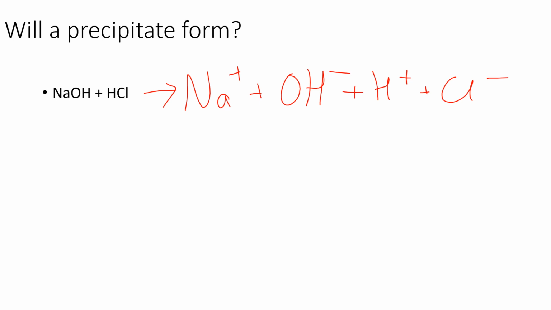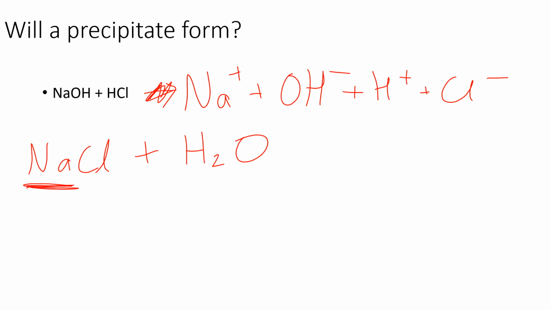I shouldn't have probably written the arrow because that makes it look like that's what it's reacting into. And then this is a double displacement reaction, and in theory we would see something like this forming. However, note that this NaCl is soluble in water following our first solubility rule, and this is just water.